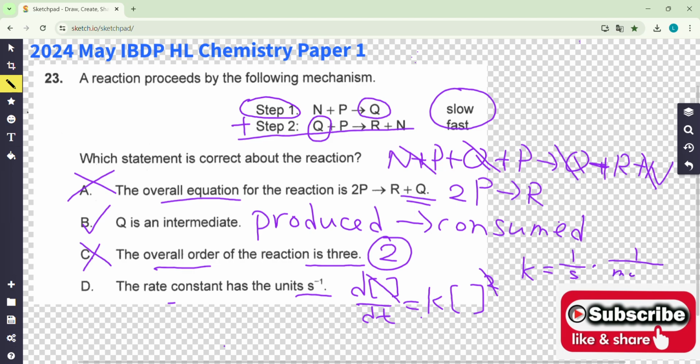Concentration is mole per dm cube. Some say liter, which is okay. So moving up, the result should be dm cube over mole second. This is the unit for a second order reaction, so it's wrong. Why second minus 1? It should be a first order.